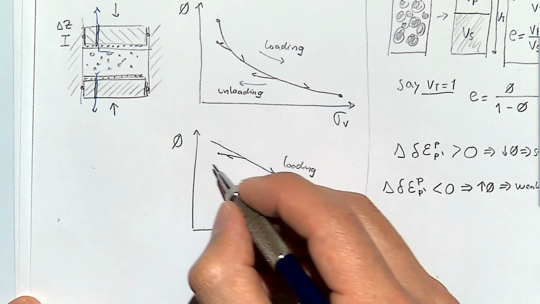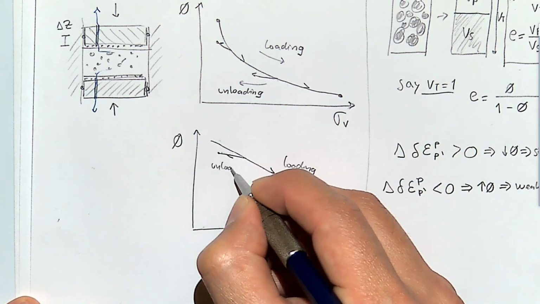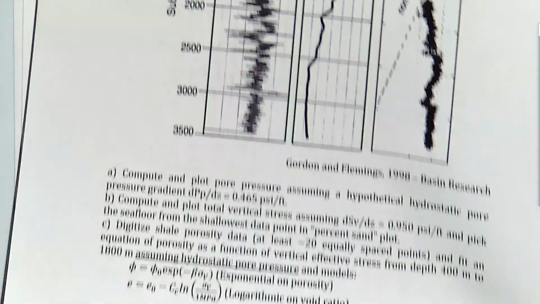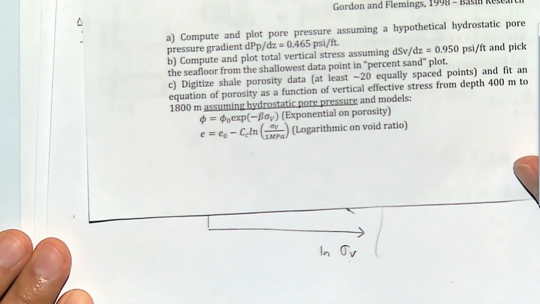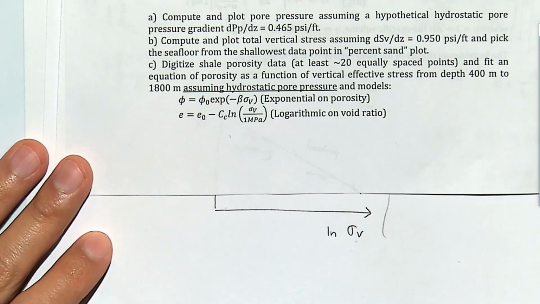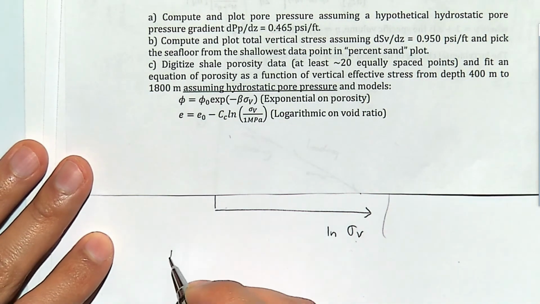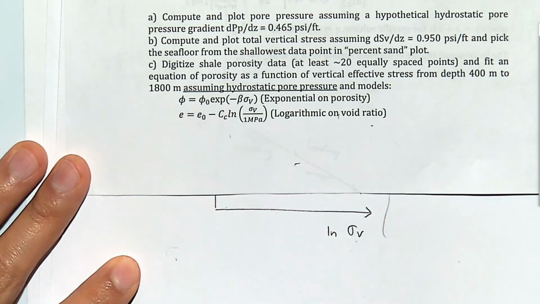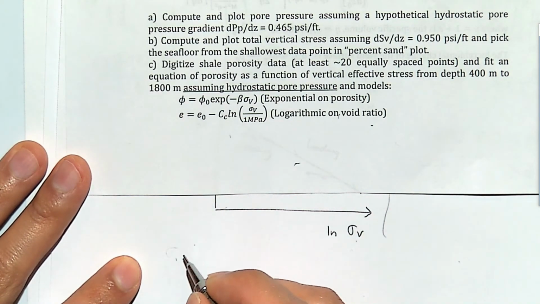And the equation for that, as you may expect, you have in your homework sheet. Is it going to be the one with void ratio?